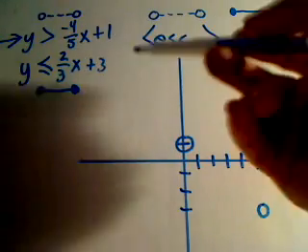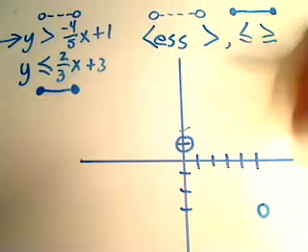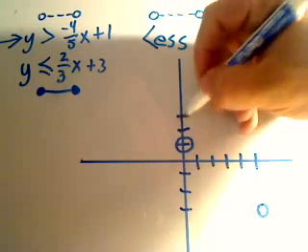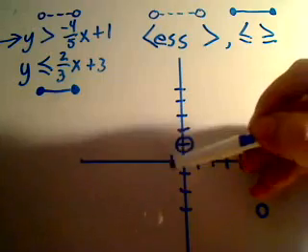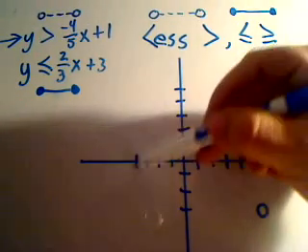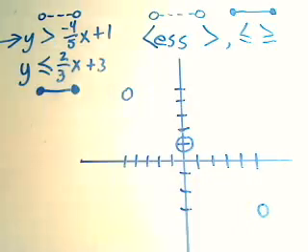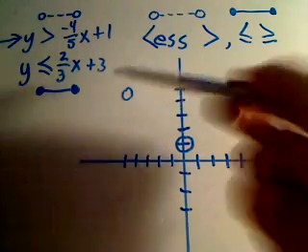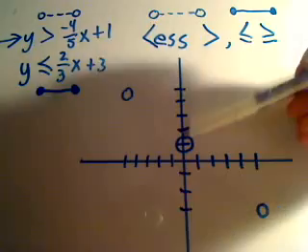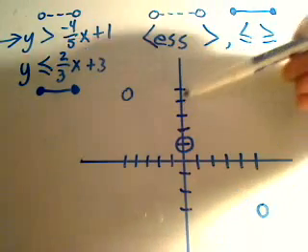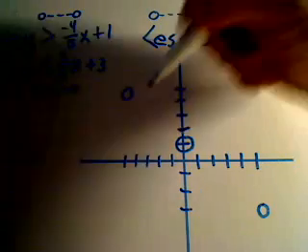Okay, then I can do the pattern on the other side. 1, 2, 3, 4, 1, 2, 5. Now, I just mirrored the pattern on the other side, so I went down 4 over 5 and went up 4 over 5. It's not perfect, but it'll get you the answer.